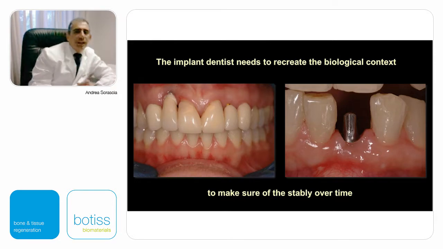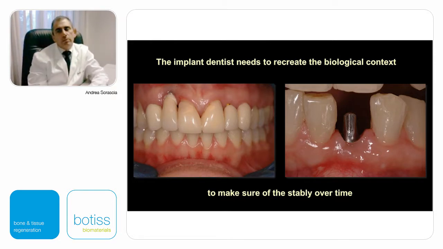We have to recreate the biological context to ensure stability over time. So in other words, the surgical approach has to match the parameters of periodontal surgery.